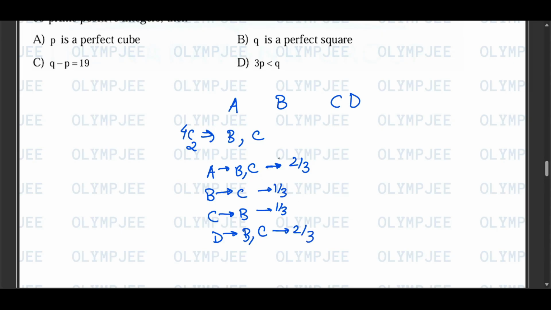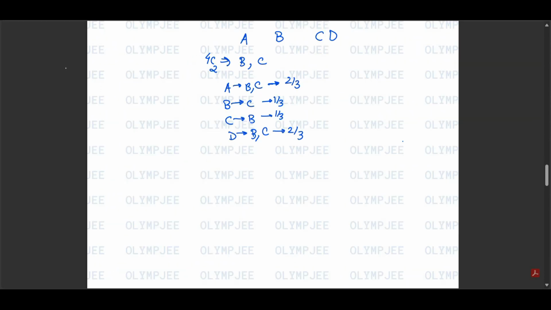A can shoot B or C. This has possibility 2 by 3. This has 1 by 3. Right? Because no person can shoot himself. So the final answer for this question will be 4C2 multiplied by 2 by 3 multiplied by 2 by 3 multiplied by 1 by 3 multiplied by 1 by 3.